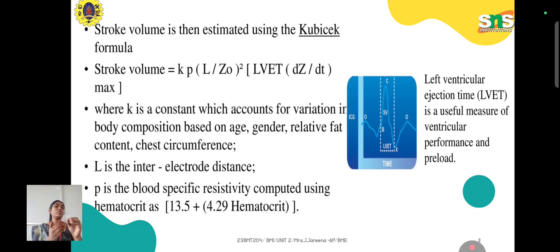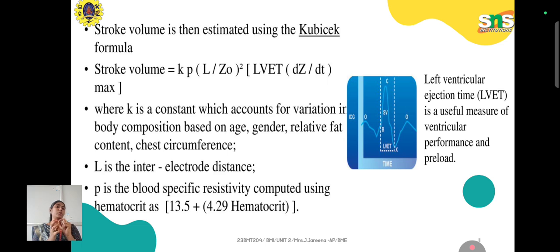To measure the stroke volume there is a formula called the Kubicek formula, which I have given here: K rho into L by Z naught whole squared, times LVET times dZ by dt. Here K is the constant, L is the inner electrode distance, rho is the blood specific resistivity and LVET is the left ventricular ejection time.